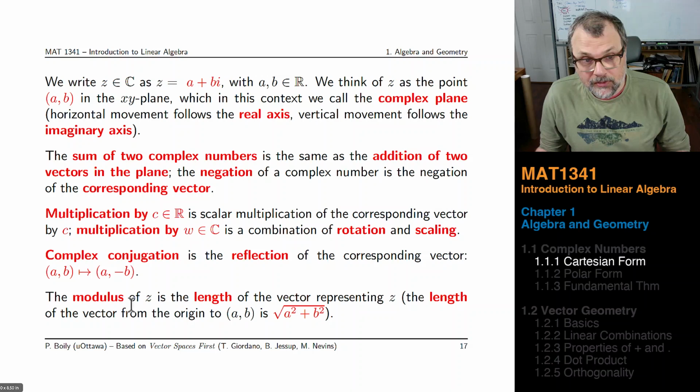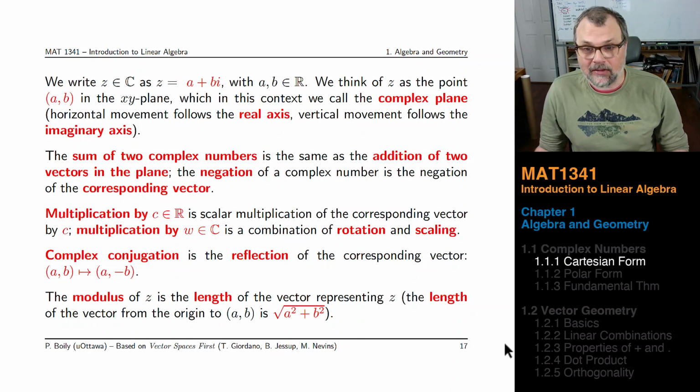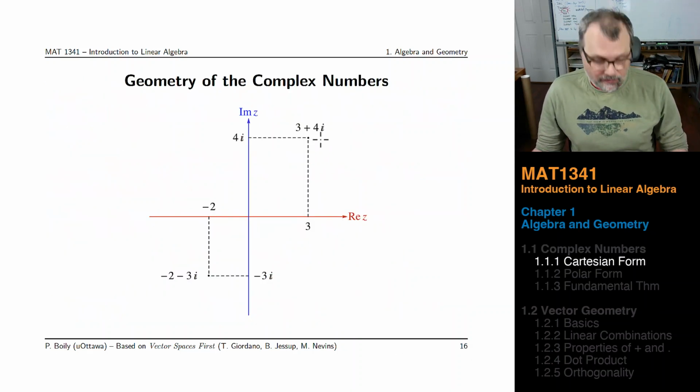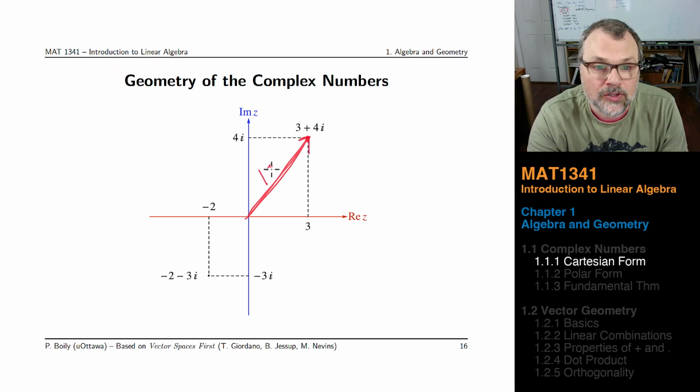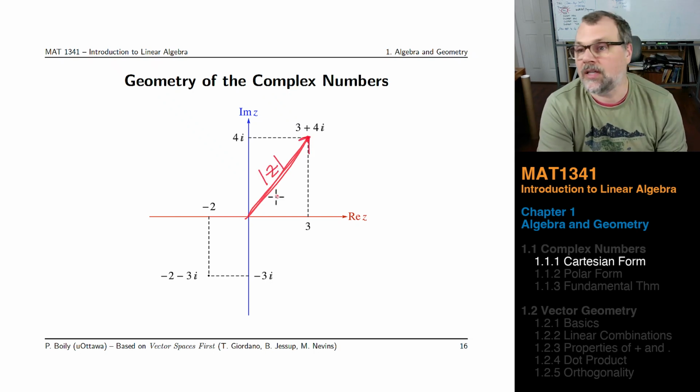The modulus of z, that's the length of the vector. So if this is a vector or the complex number 3 plus 4i, there is a vector here, and the modulus of z would be this length.